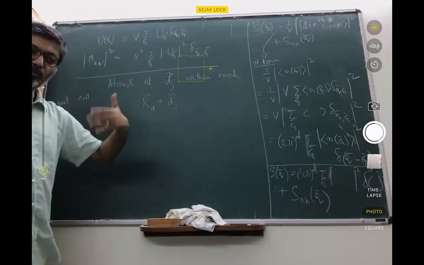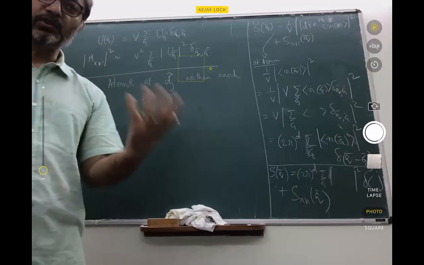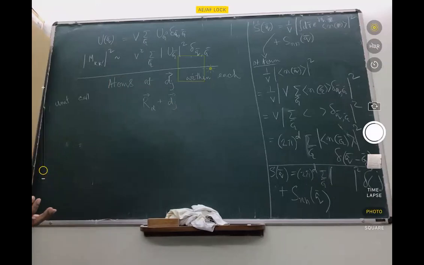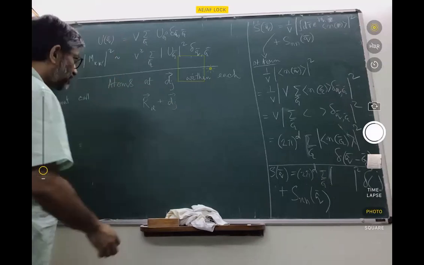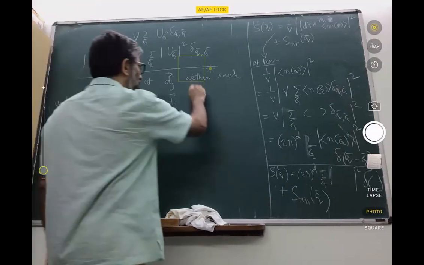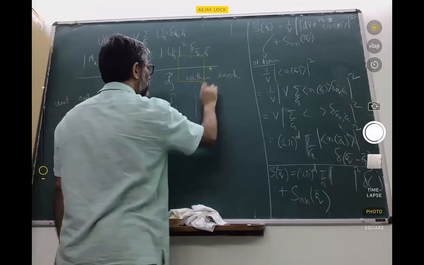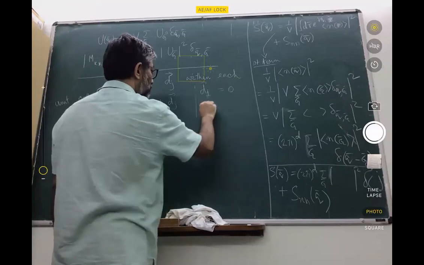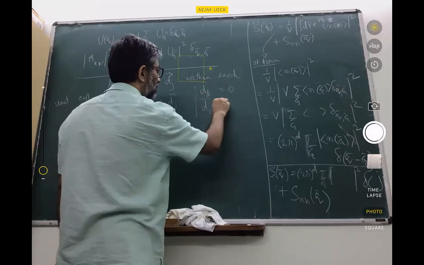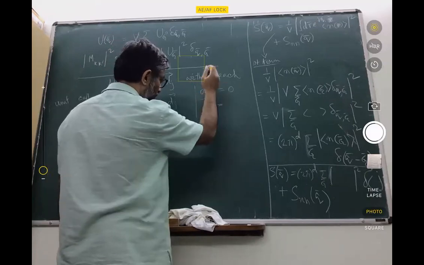What values j takes depends on how many atoms you have in your basis. In the crystal that I just showed you, there are two atoms in the basis. So one of those could be, let's say, d_1 is 0 and d_2 is whatever that is.